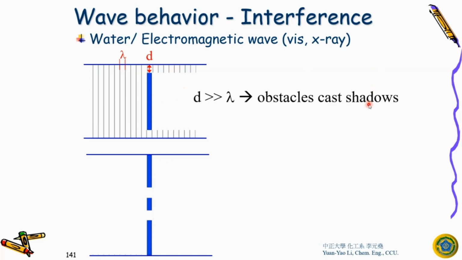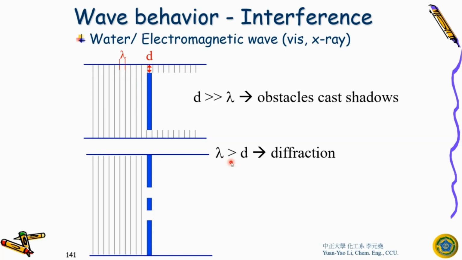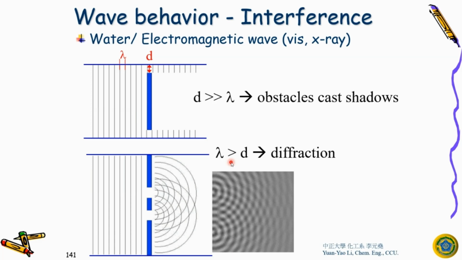However, if lambda and d are very, very close, you can see diffraction. That means this matter has the character of a wave. If you see some kind of diffraction or interference like this, it cannot be explained by particle-like behavior or particle-like properties.